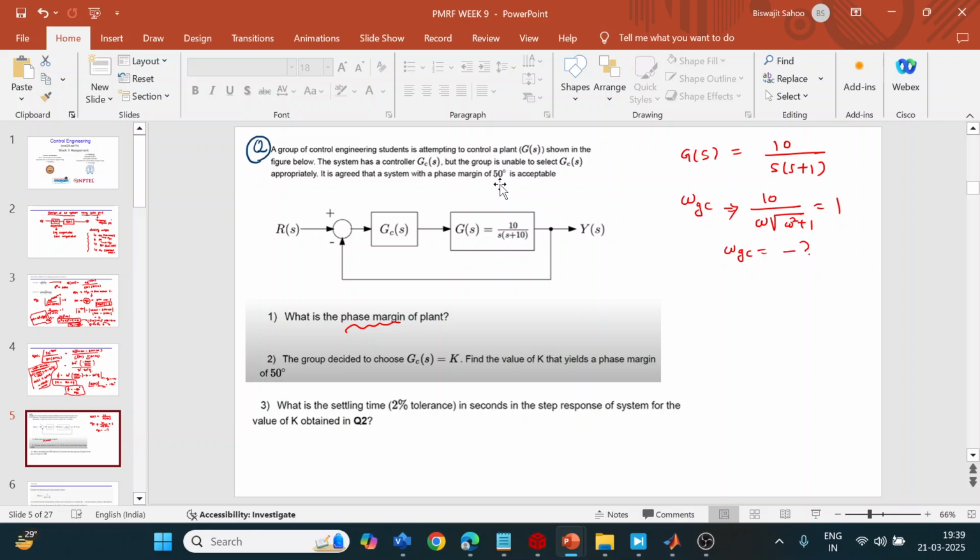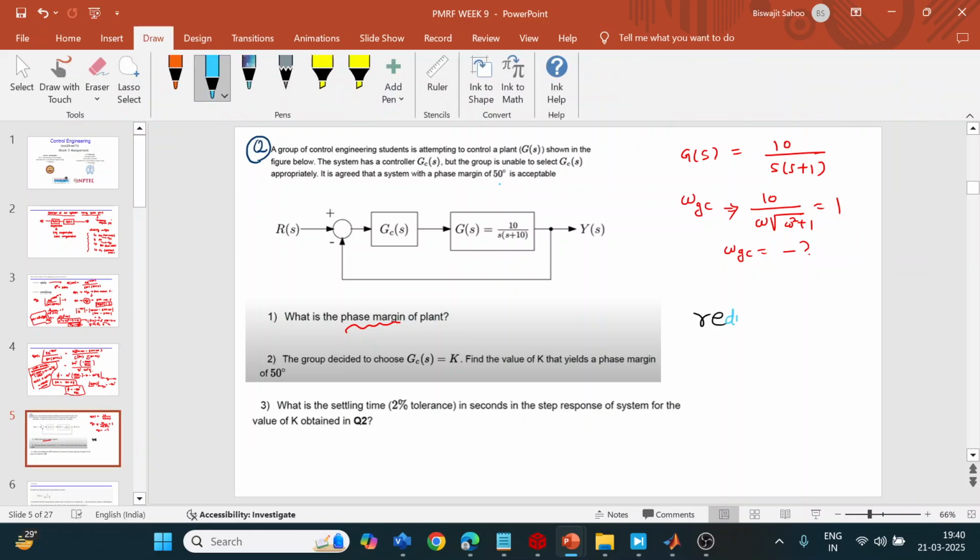So I have to reduce the phase margin from 87.6 degree to 50 degree. How can you do that? You have to add a compensator.